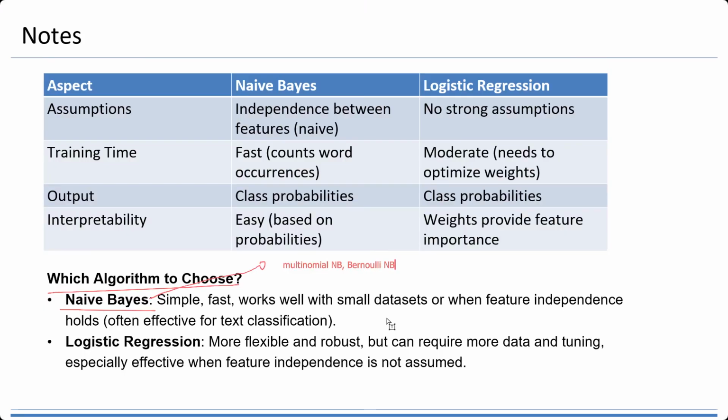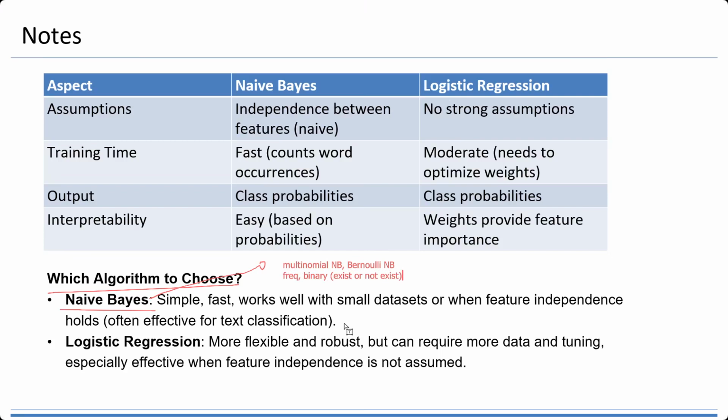What is the difference? Multinomial is based on frequency, while Bernoulli is based on binary, present or not present.